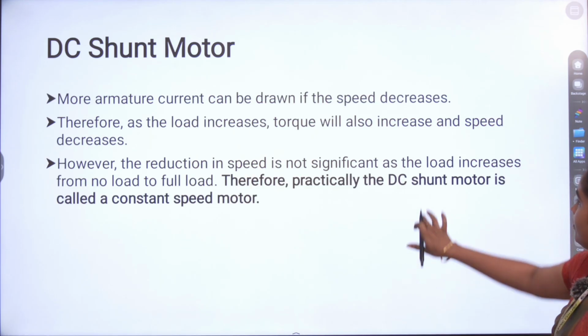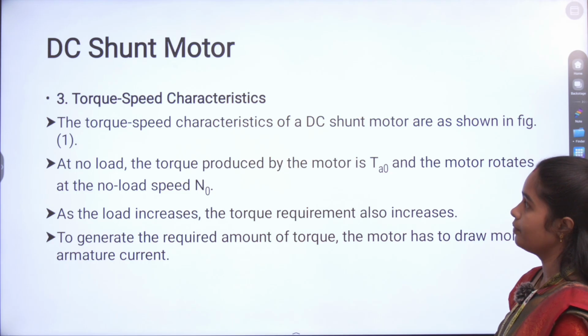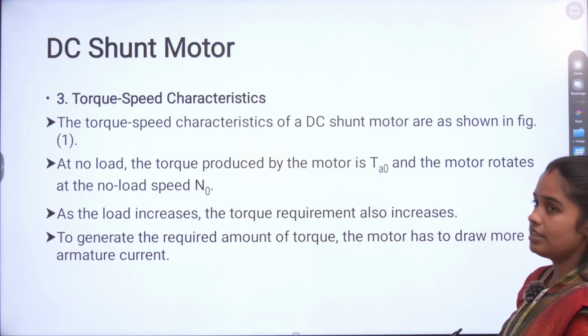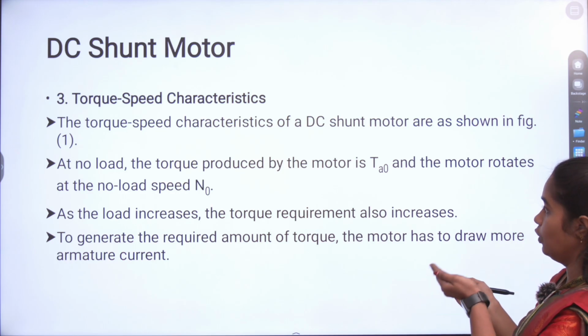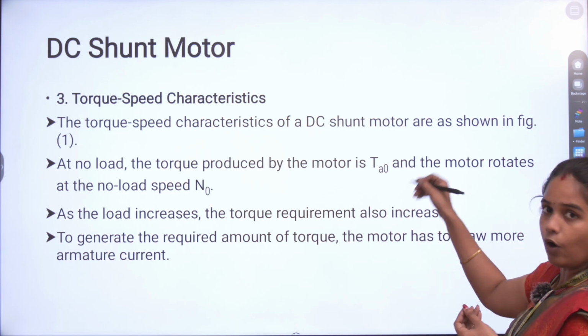And next one is the torque speed characteristic of the DC motor. For the DC shunt motor, just assume that the motor is operated under no load condition, and the torque will be produced.